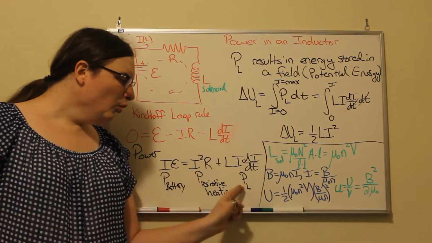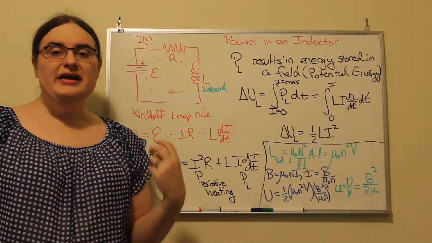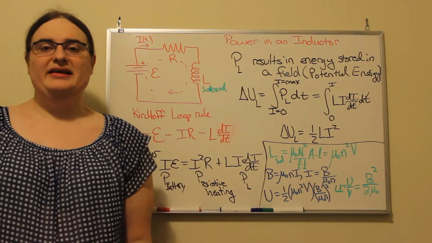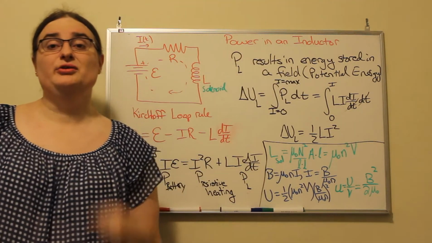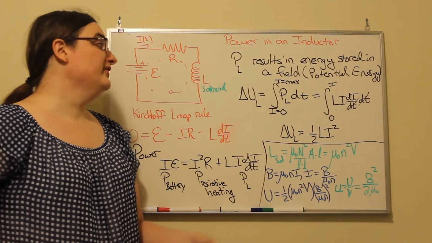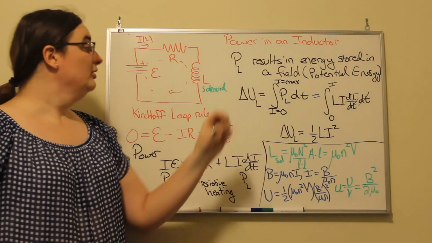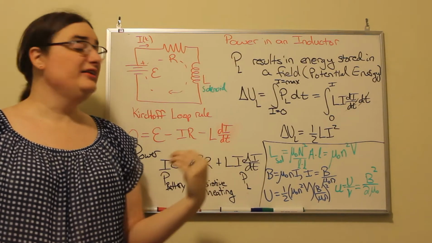Well, what that power is doing is transferring energy, and it's energy that's able to be stored using a magnetic field. Anytime you're dealing with creating fields, all fields have potential energy associated with them. So if we want to figure out how much energy we store, we can take a look at that power as a function of time and integrate it.